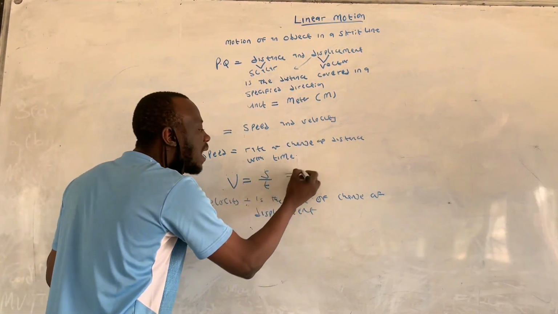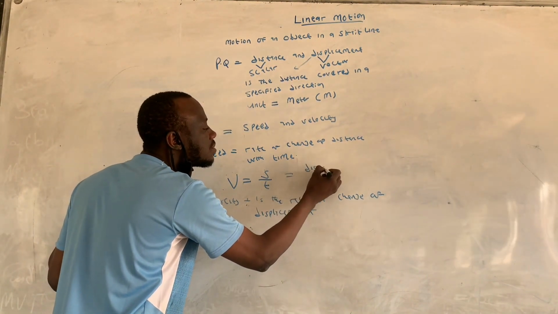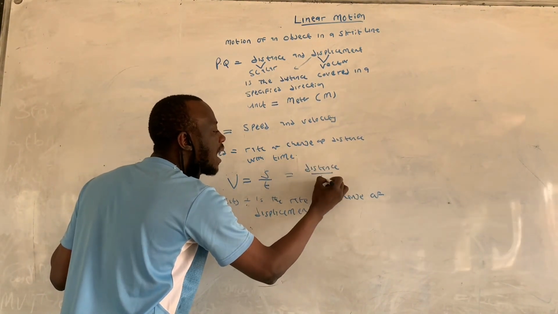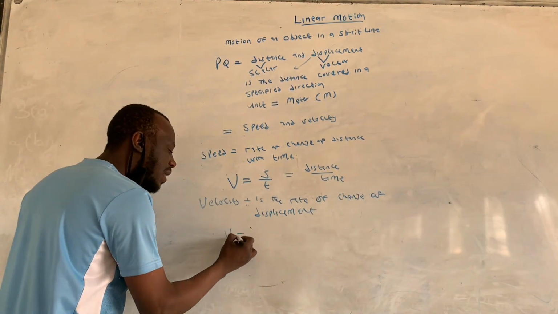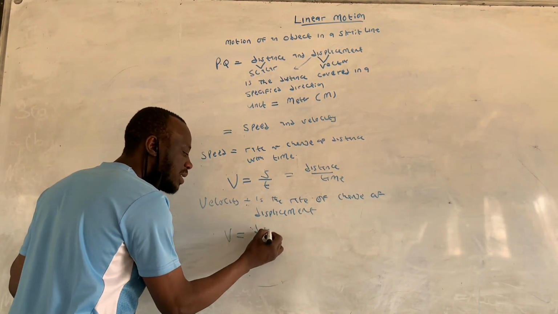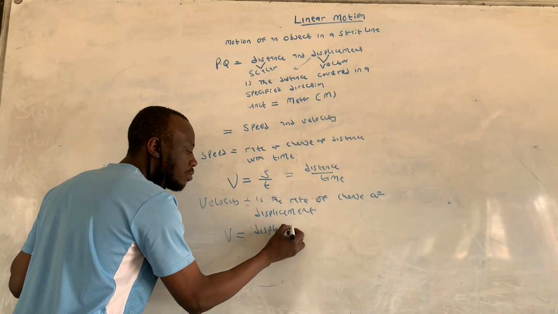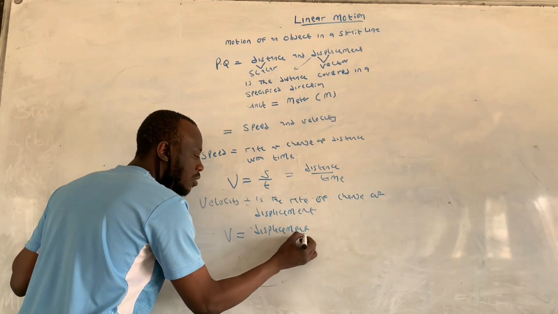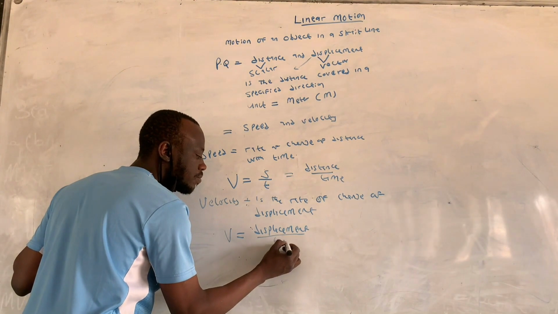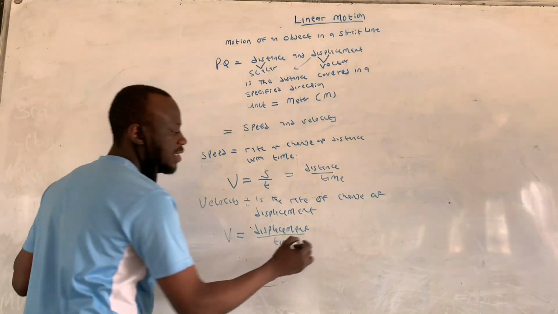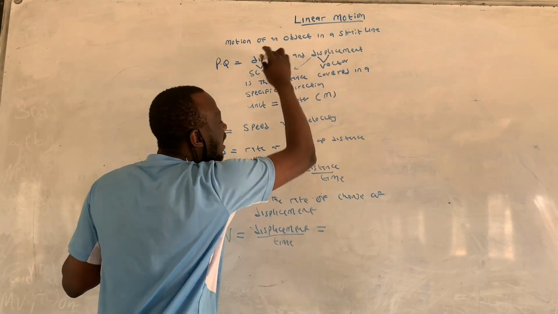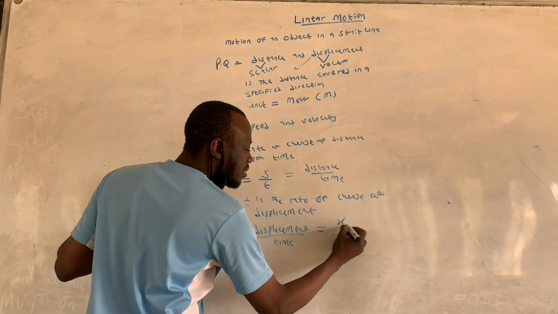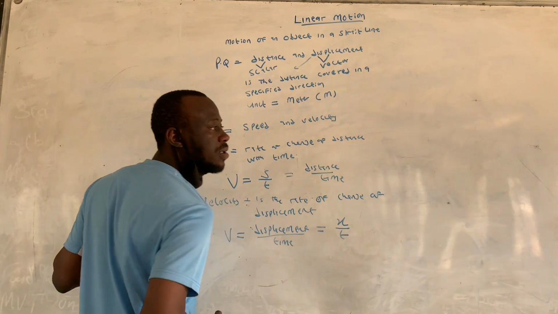Speed is distance over time, while velocity v is displacement over time. I will use x for displacement and s for distance, so velocity is x over t.